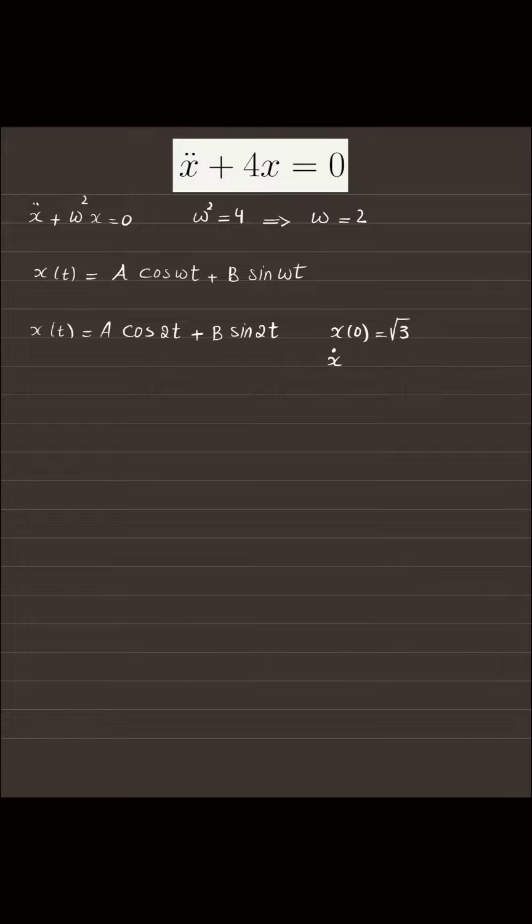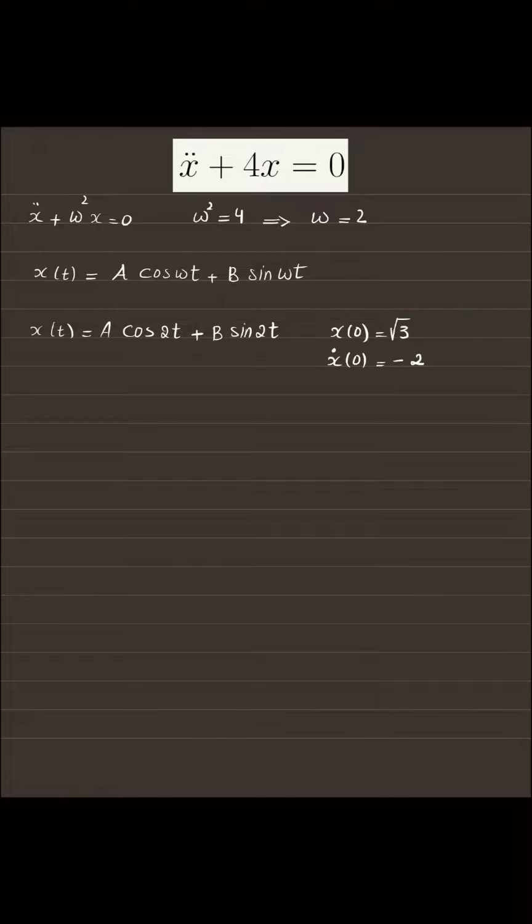So this means that x dot, the velocity at time 0, the magnitude is 2, but because it is projected towards the origin, in the opposite direction, because you know that the initial value of the position is the square root of 3, so if this is the origin, the initial position is here. When you project it towards the origin, it will be in the opposite of the positive direction of the x-axis. So then I have to write minus 2.